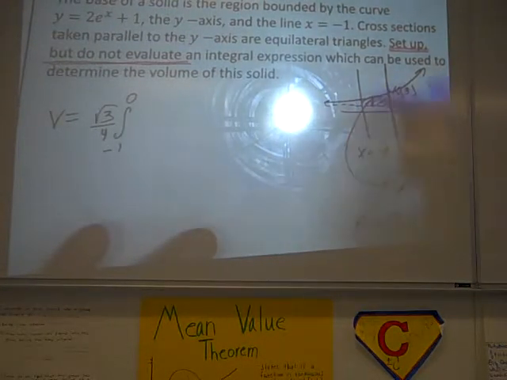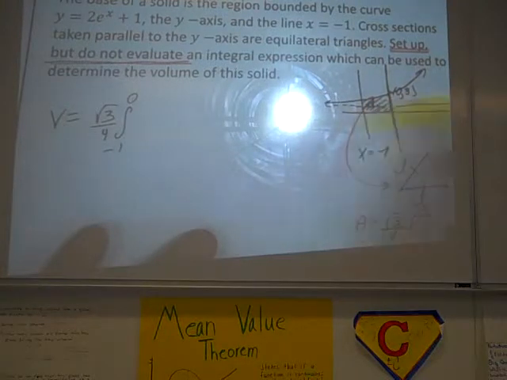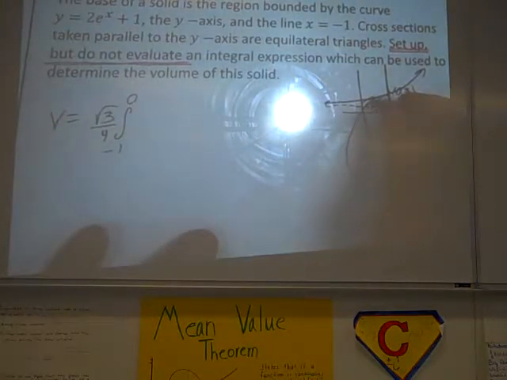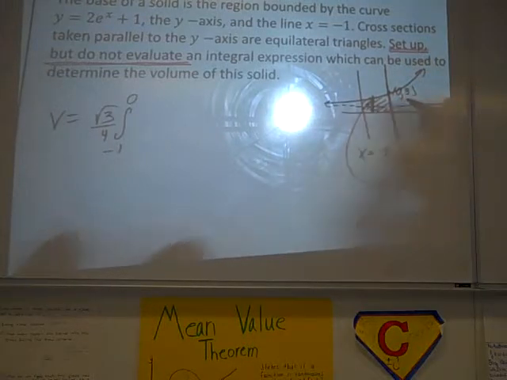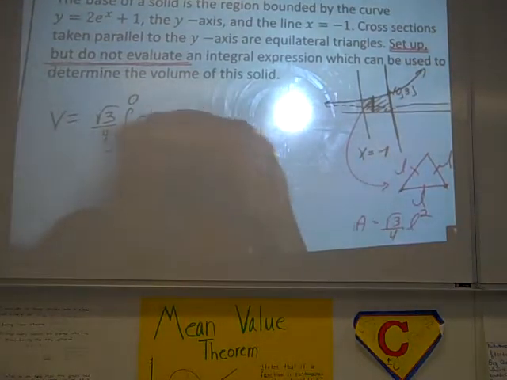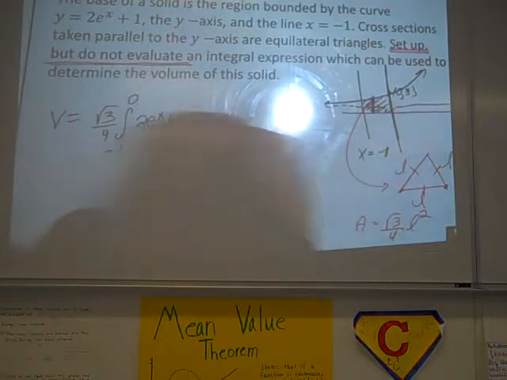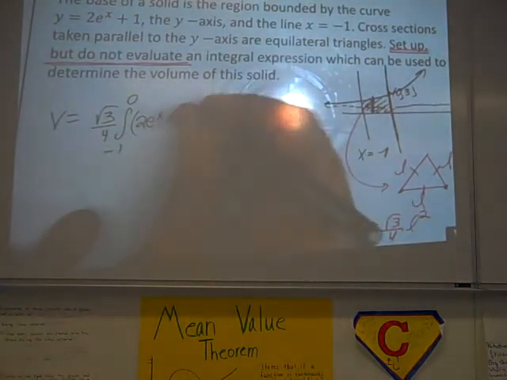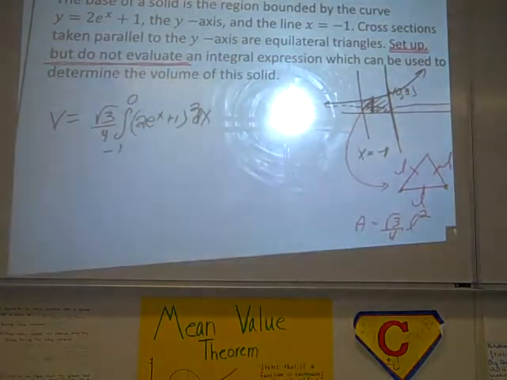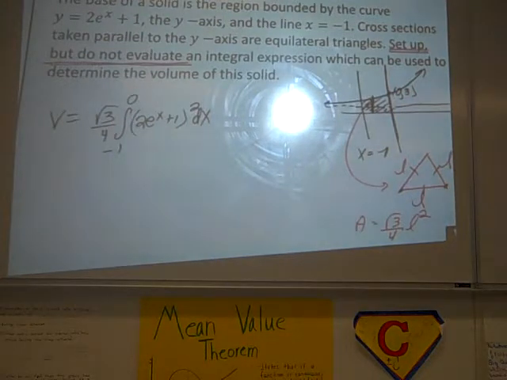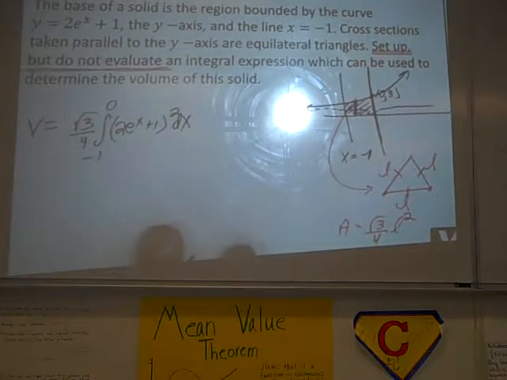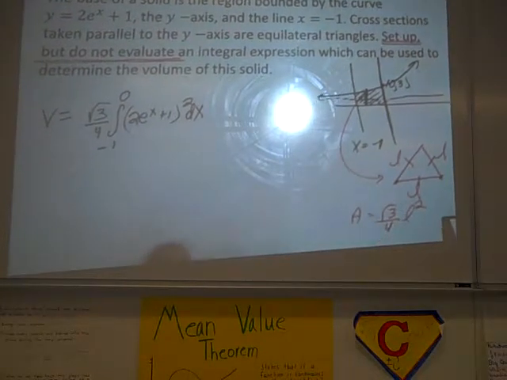The slices should start on the exponential and go all the way down to the x-axis. So that length is 2e to the x plus 1. We're going to square that and integrate it with respect to x. All right? I think that does it.